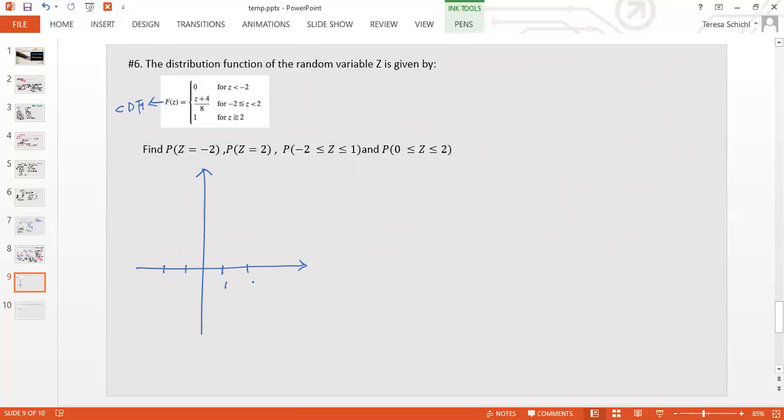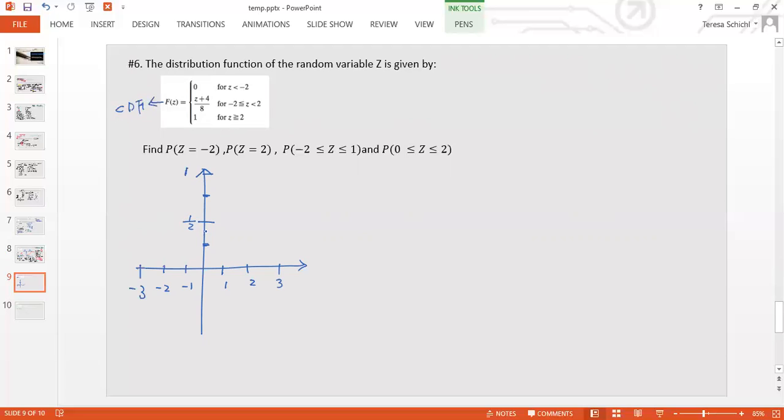So this is 1, 2, 3, negative 1, negative 2, negative 3 here. And let's say this is 1/2, this is 1, this is 1/4, this is 3/4, right?